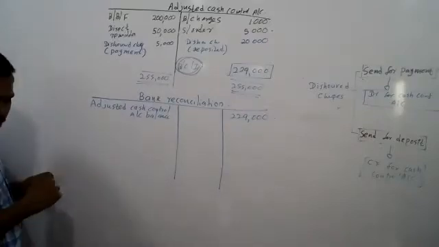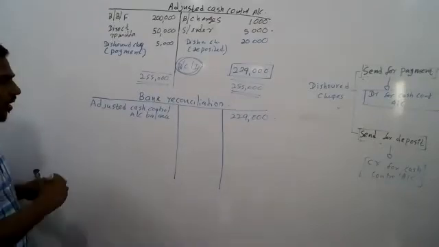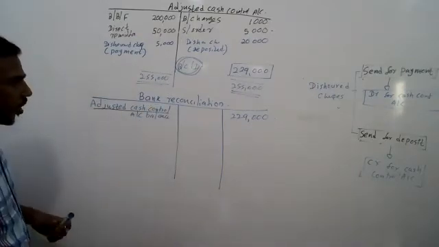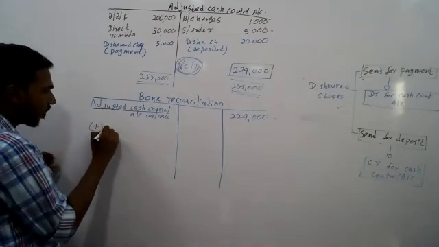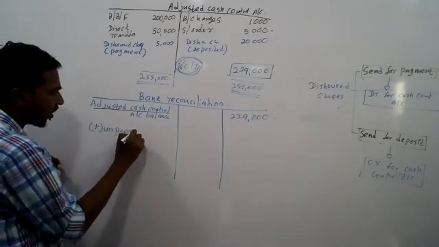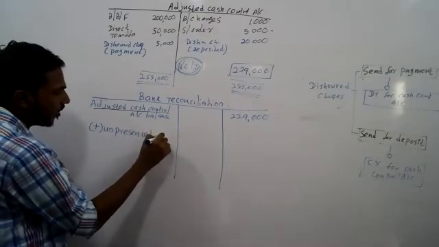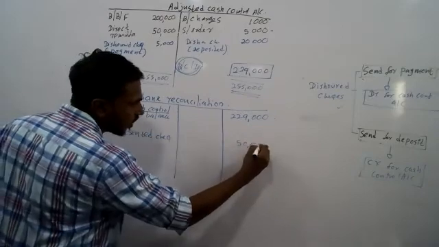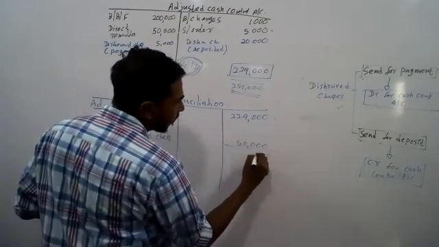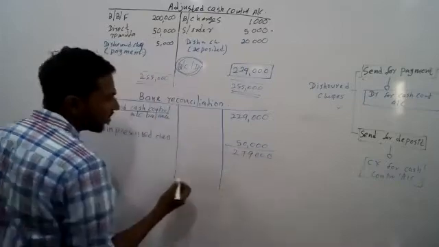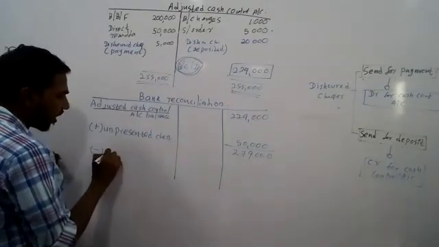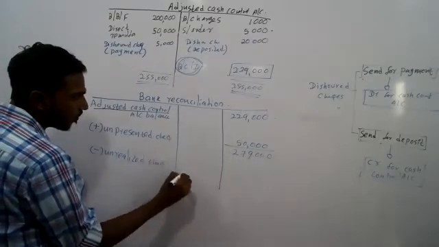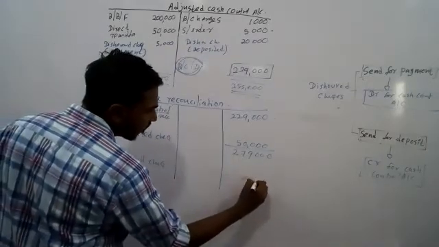Right? So if you use the adjusted cash control account balance here, you have to add the unpresented checks. We'll say unpresented checks is 50,000. So now the total is 279,000. Then you subtract the unrealized checks. We'll say it's 20,000.